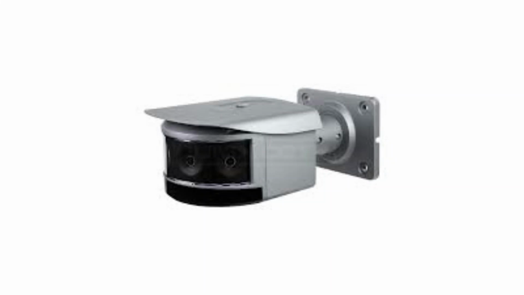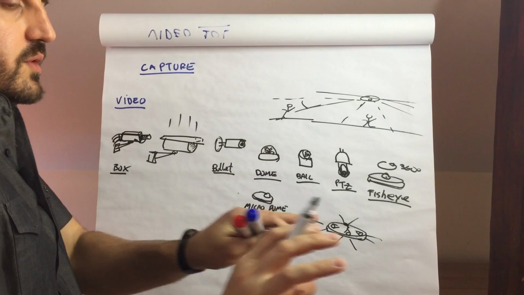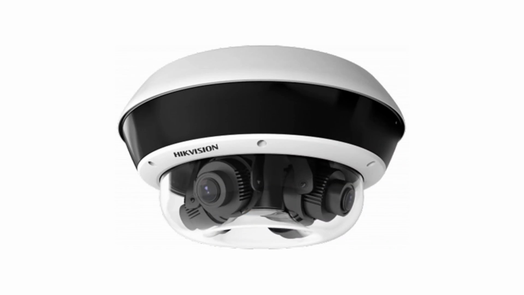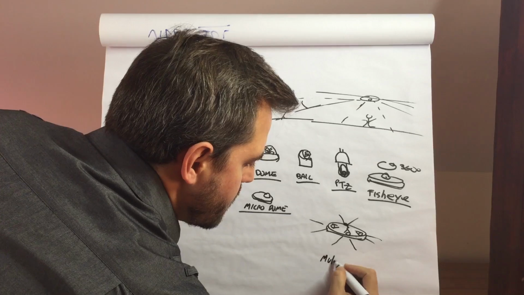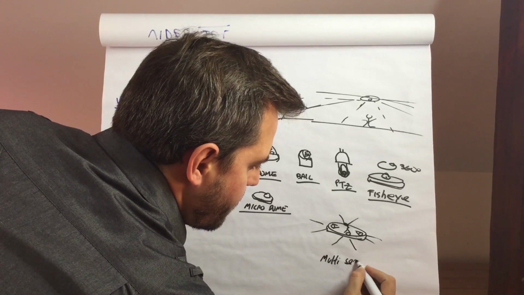The structure varies. It can be like a big bullet with two glasses, or like a round one with a camera on each side. It varies, but this is the multi-sensor camera.